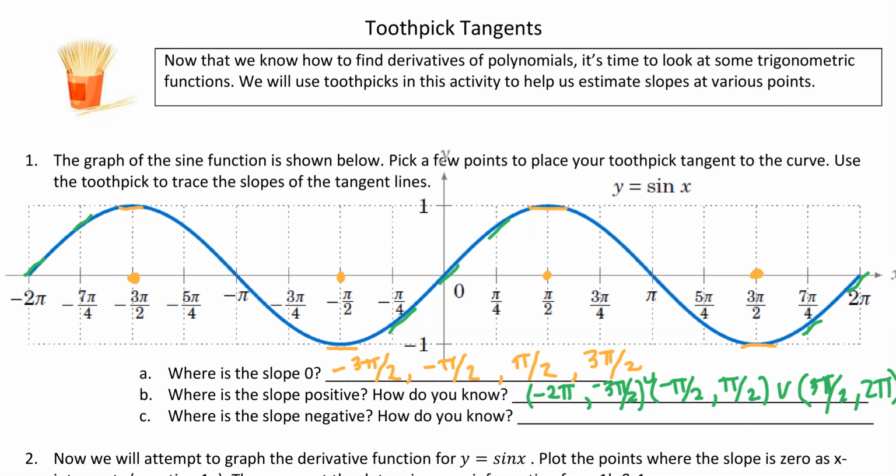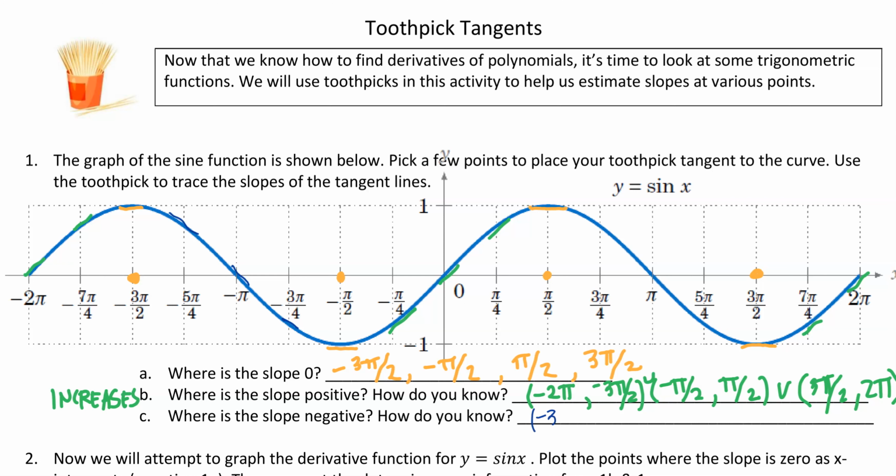So how do you know that the slopes are positive there? What's happening to the graph? It's what? Increasing. Perfecto. So it's increasing. So it increases there. All right, so where is it negative? Kind of everywhere else, right? Okay, so where's that?